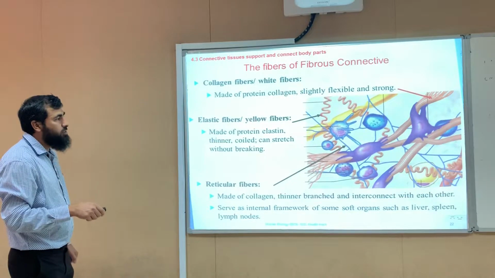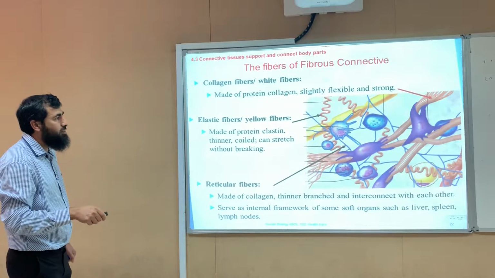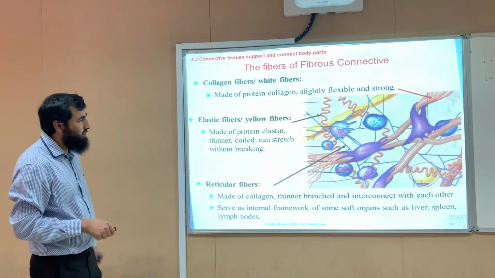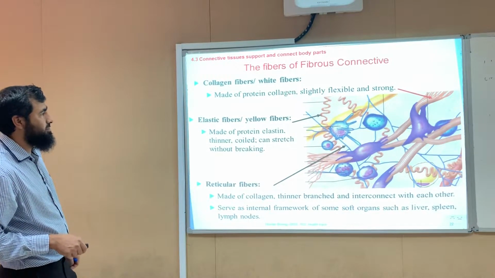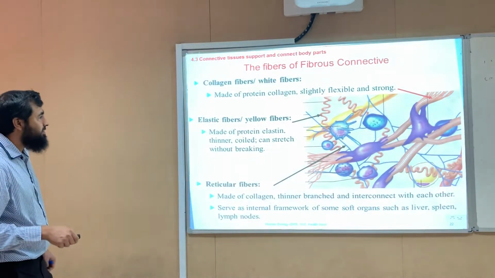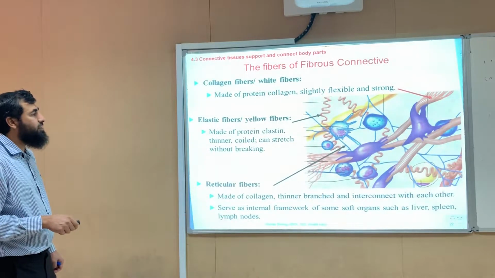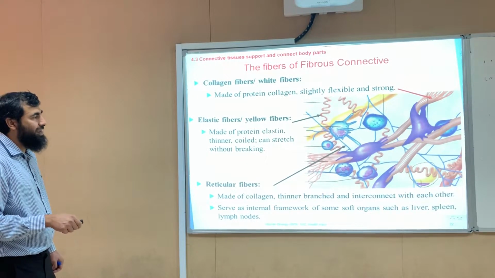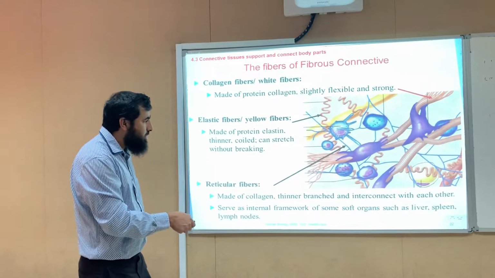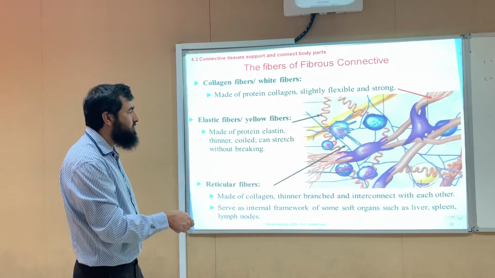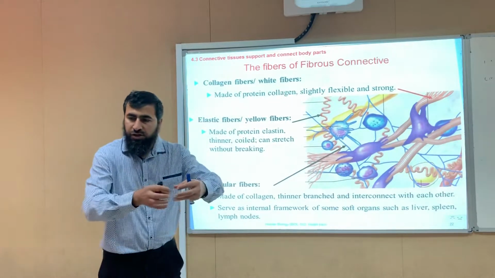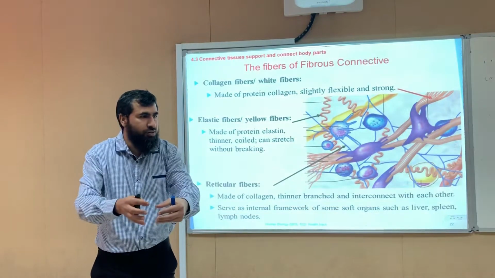The elastic fibers, well, they're not yellow, they're more of a light orange. These are made up of another type of protein called elastin, and they're much thinner compared to the collagen fibers, and they have these coils in them. Just like a spring, you can stretch it and it recoils back, okay?